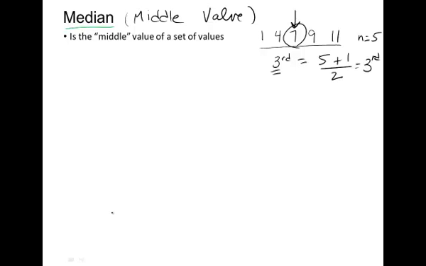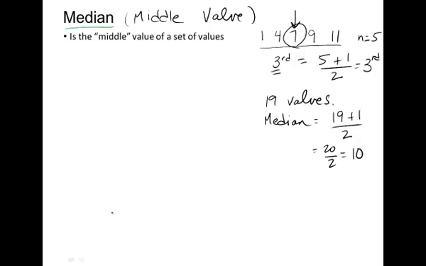So what if there were, I didn't even list them, but what if there were 19 values? Then the median would be which value? Well, it would be the number of values plus 1 divided by 2 with a th on it. So 20 divided by 2 is what? 10 with a th.